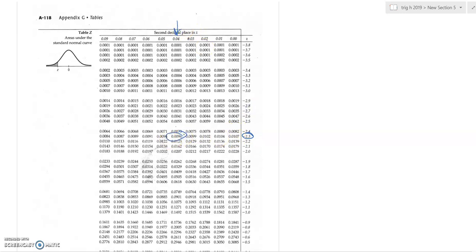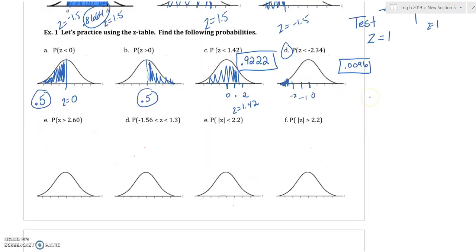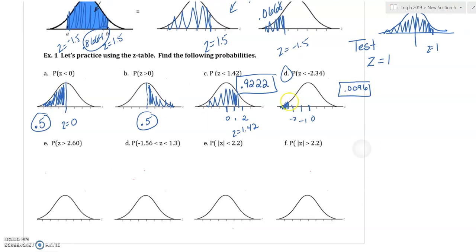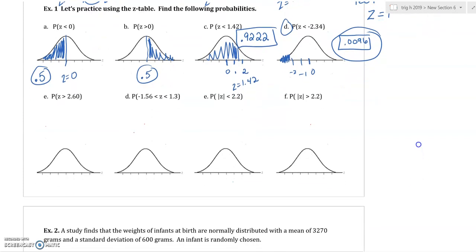So here is my z-score of negative 2.34, and that was 0.0096. So that is the probability that you pick a data point at random that it's less than negative 2.34 standard deviations from the mean under the standard normal curve. So we ended up with 0.0096.